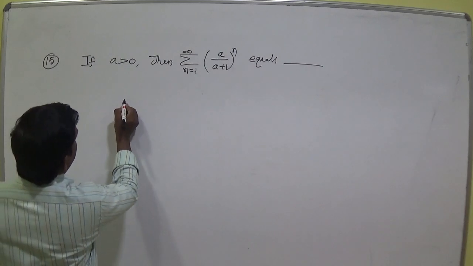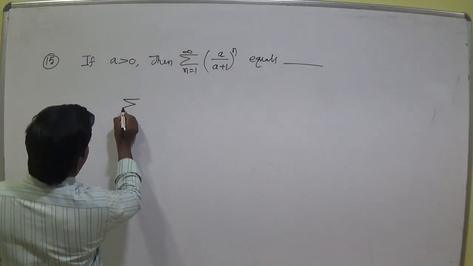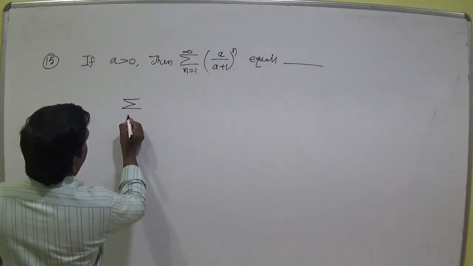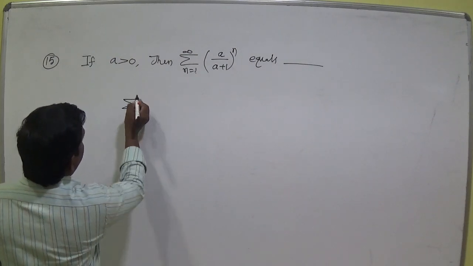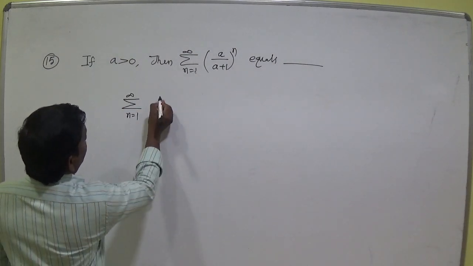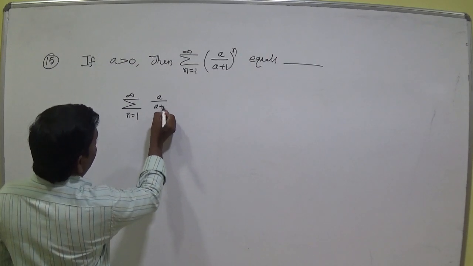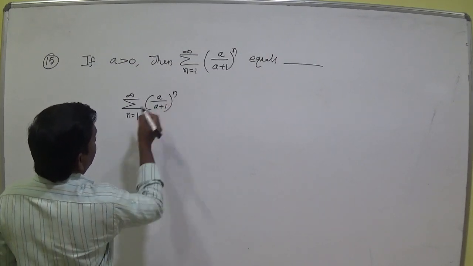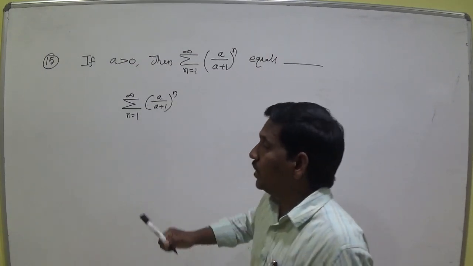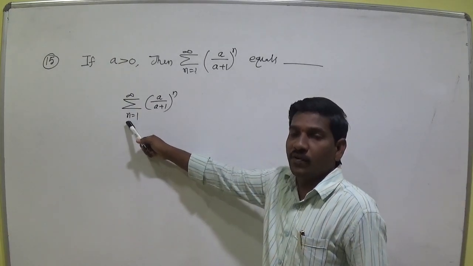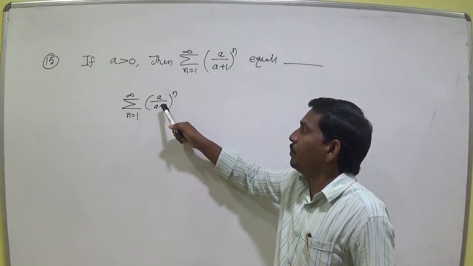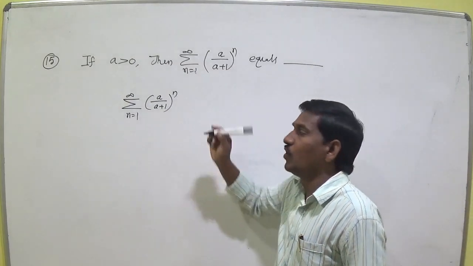Here take sigma n equal to 1 to infinity a by a plus 1 whole power n.